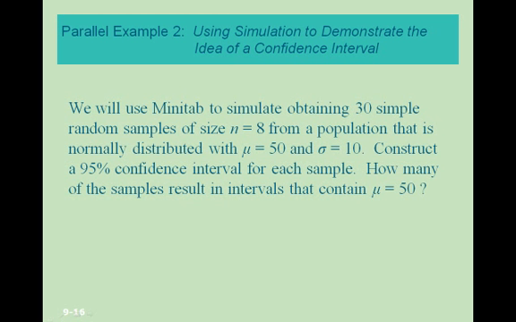Then we want to construct a 95% confidence interval for each sample and see how many of the samples result in intervals that contain our mu equal 50. In the next slide, we'll see our 30 simple random samples and our 95% confidence intervals for each sample. And we're going to highlight the ones that do not contain our population mean of 50.